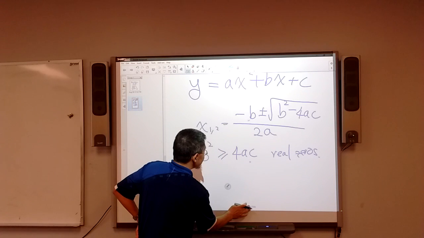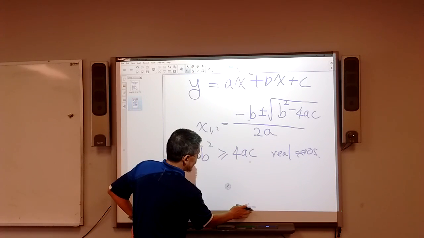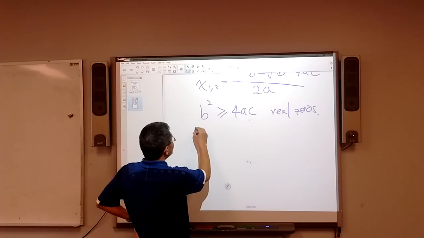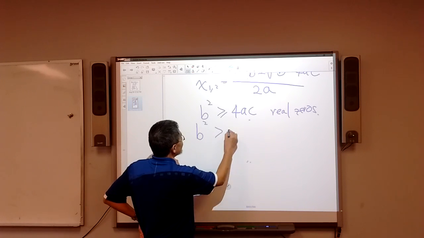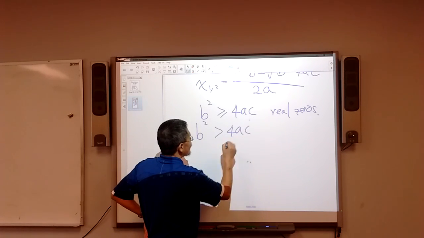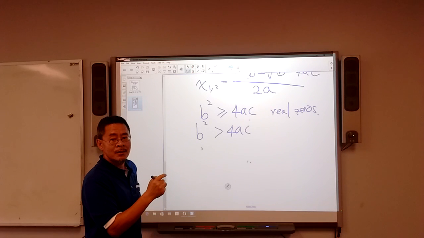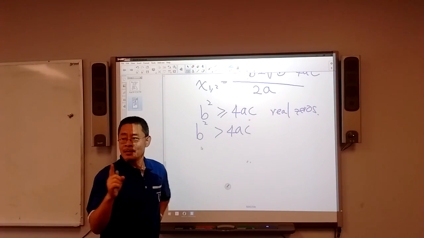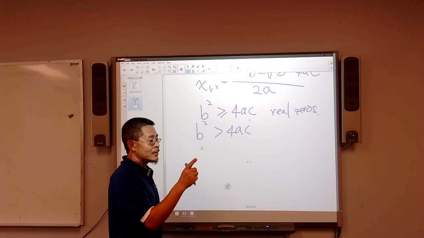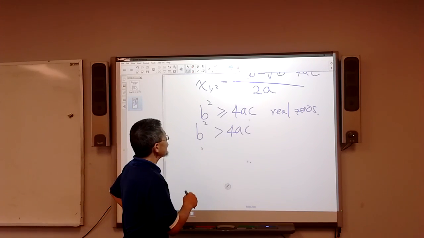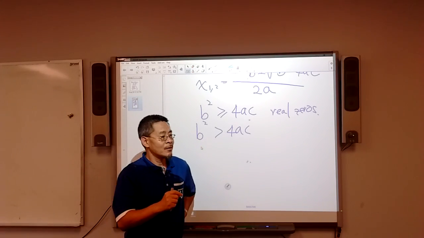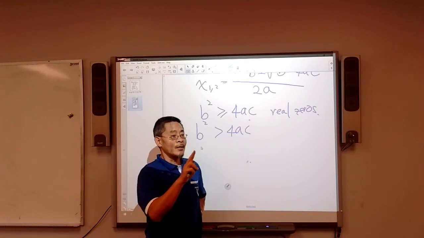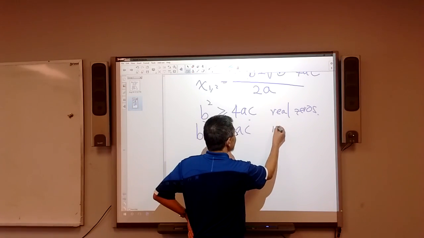Okay, and if b squared is greater than 4ac, what situation is this? It's greater than that. B squared is greater than 4ac. We've got 2 distinctive real zeros, that's situation 1.